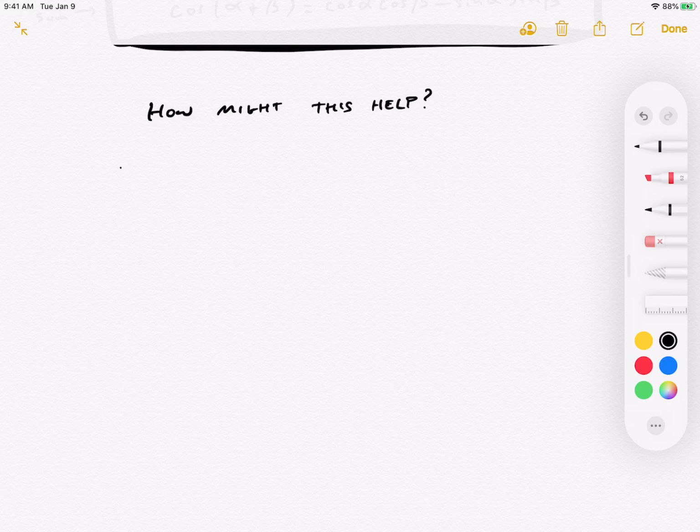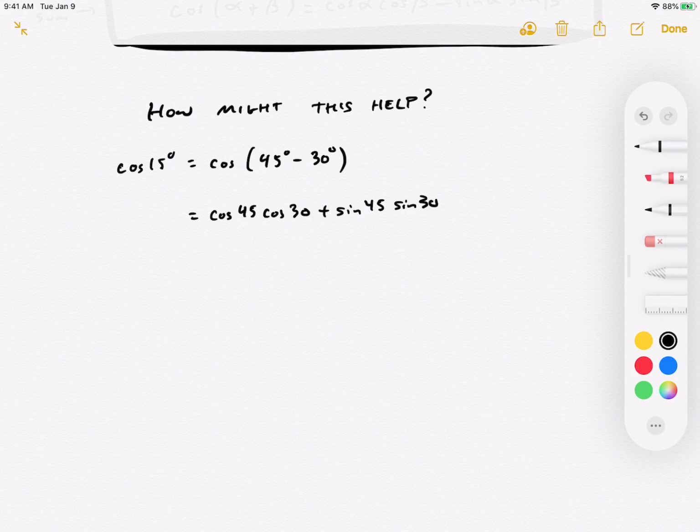But just to get started, here's a value, cosine of 15 degrees, that I couldn't work out before. I might need a calculator for it. It wasn't a known value on the unit circle. But now I could think about 15 degrees as a difference between two angles, the difference between 45 and 30, which are known values on the unit circle. And then I could follow the prescription for cosine's difference identity: cosine 45, cosine 30, plus sine 45, sine of 30, where I just think about 45 as the first angle and 30 as the second.